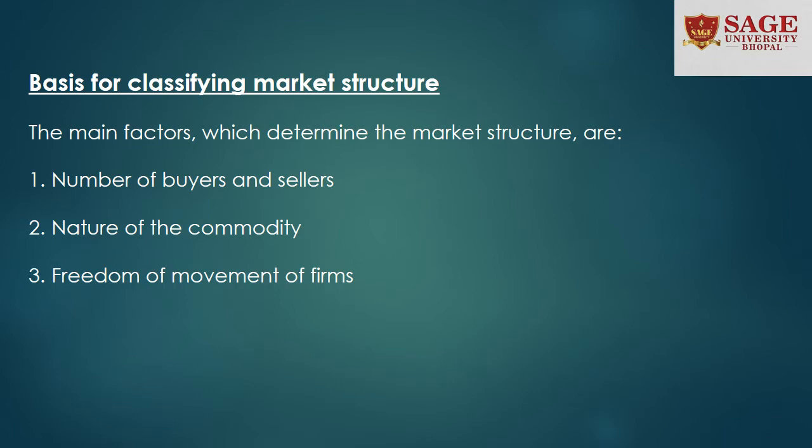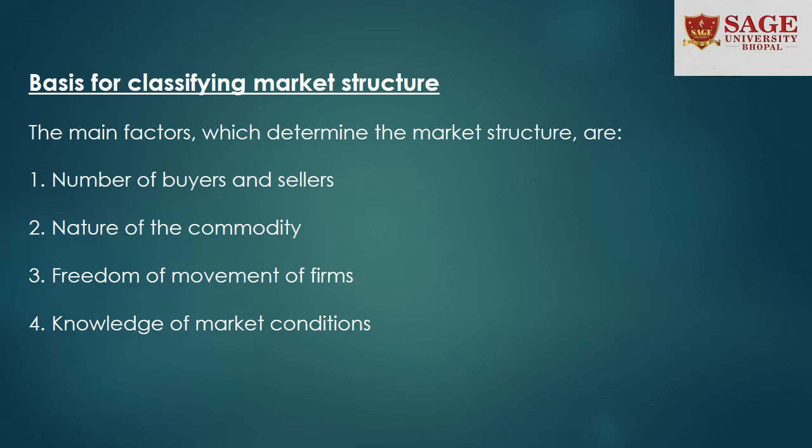Next is freedom of movement of firm. If there is freedom of entry and exit of firm, then prices will be stable in the market. However, if there are restrictions on entry of new firm and exit of old firm, then price can be influenced by the firm as it has no fear of competition from other or new firms.